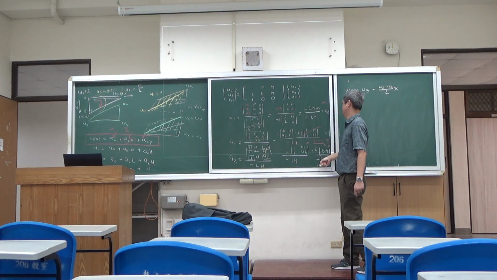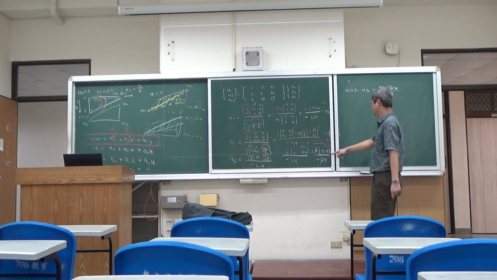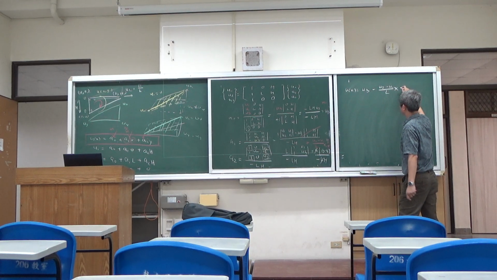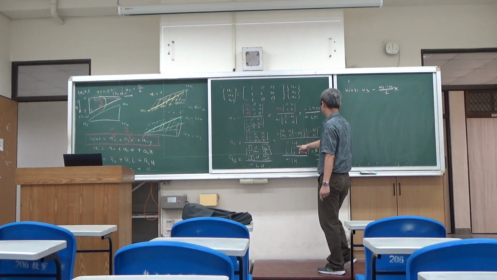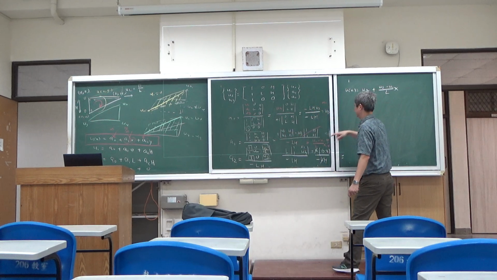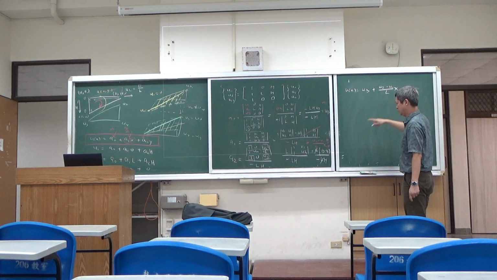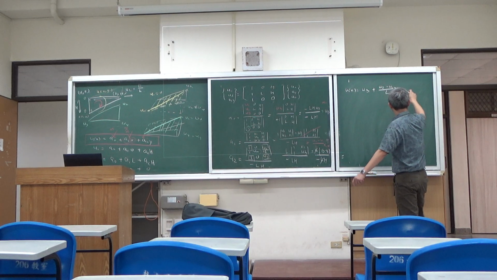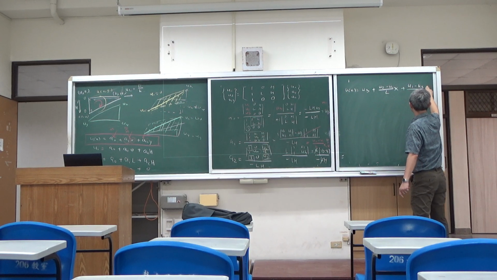And then this one, sorry, this already changed, so this is plus. Now this is plus minus. And this one is plus u1 minus u3 over h times y.